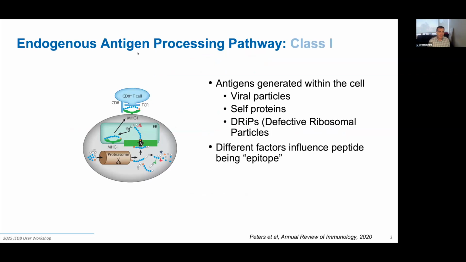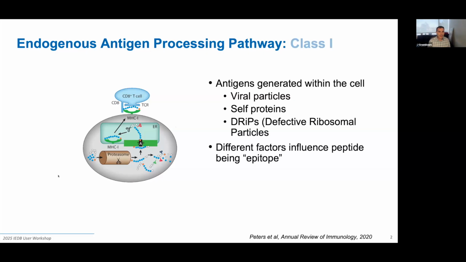1. And we're going to use this cartoon throughout the presentation to keep ourselves oriented with the different parts of the workflow. What this cartoon is showing is that in all cells, proteins are constantly being broken down by the proteasome into shorter peptides.